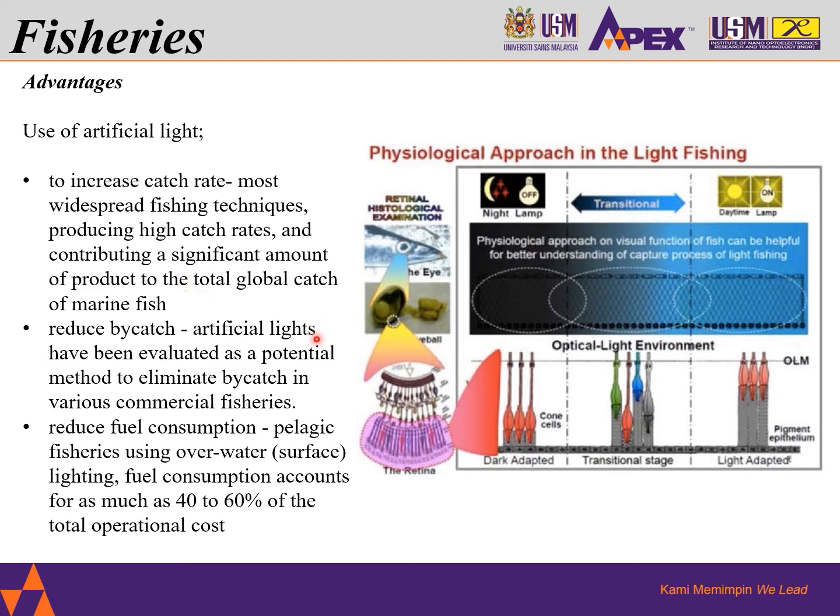Artificial light has been evaluated as a potential method to eliminate bycatch in various commercial fisheries. And also we can reduce the fuel consumption, right? So for pelagic fishes, with over water surface lighting, fuel consumption accounts for as much as 40 to 60% of the total operational cost of the boats or the ship itself.